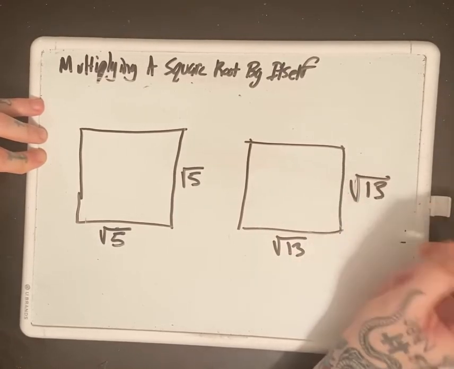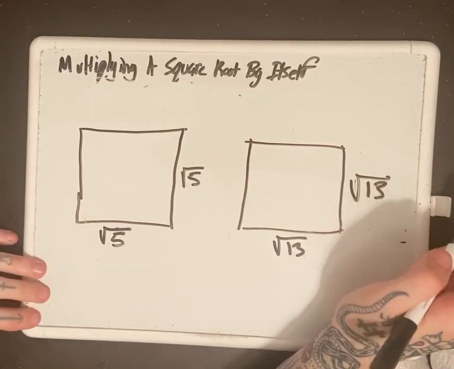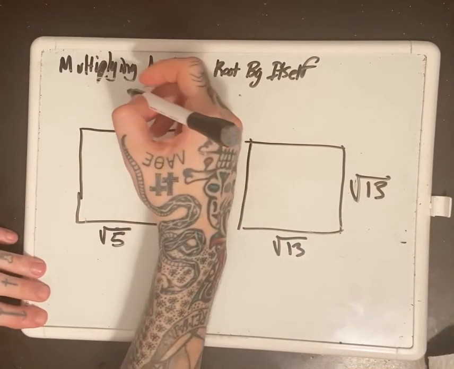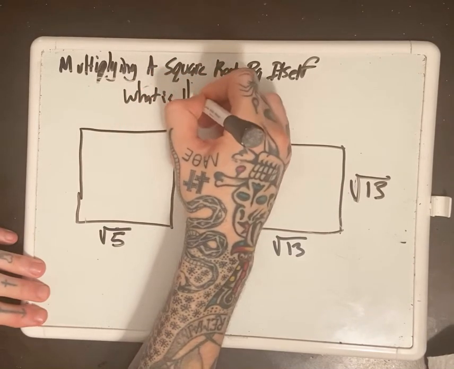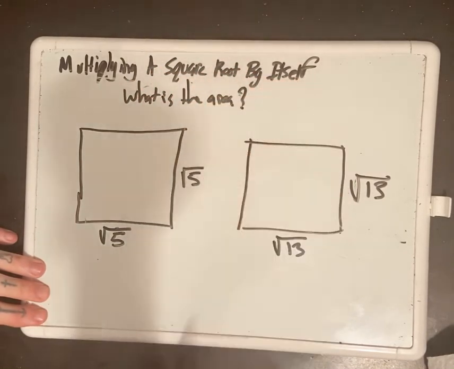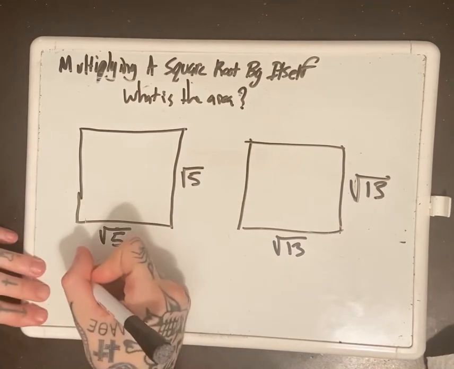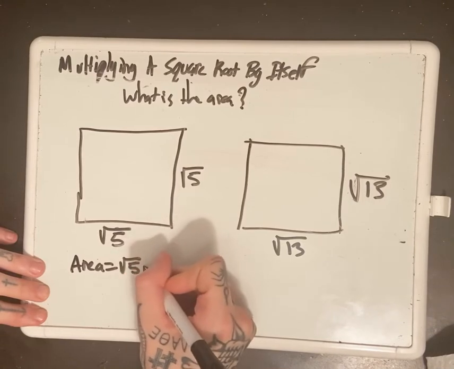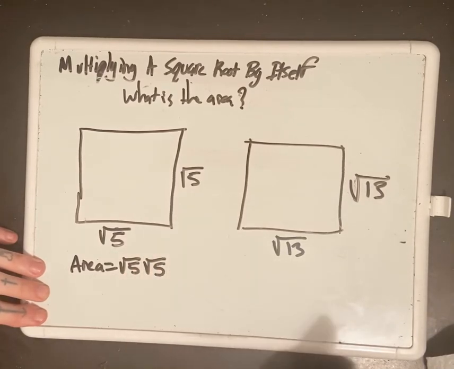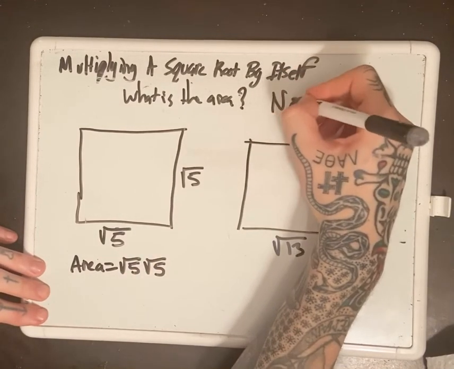So algebraically, what is the area? Algebraically, the area is square root of 5 times square root of 5. But again, these are not perfect.